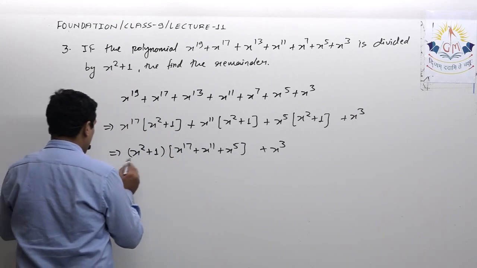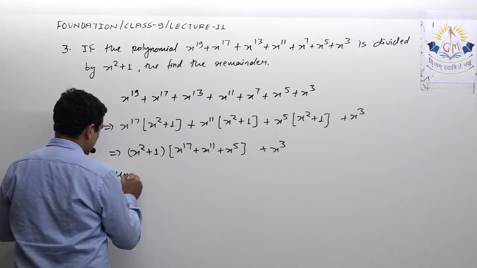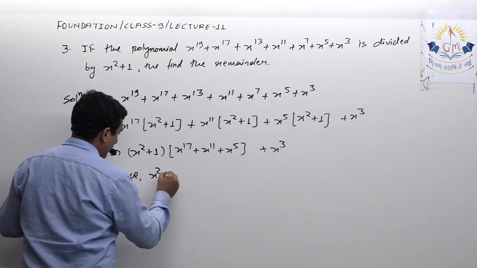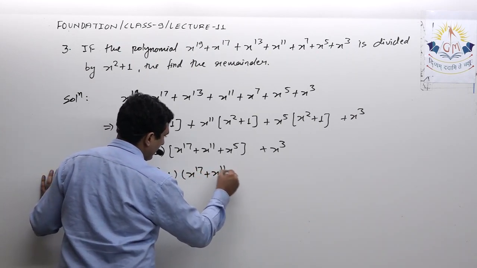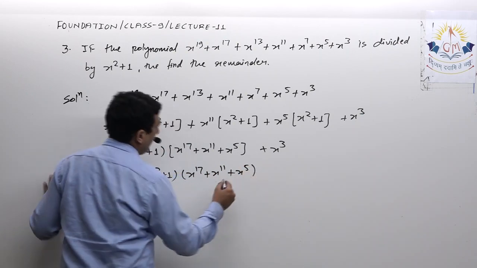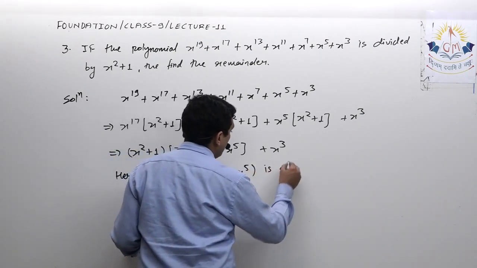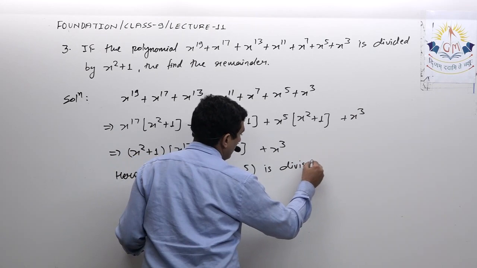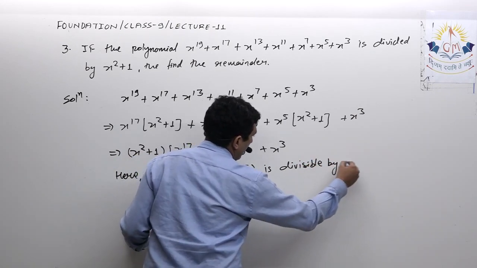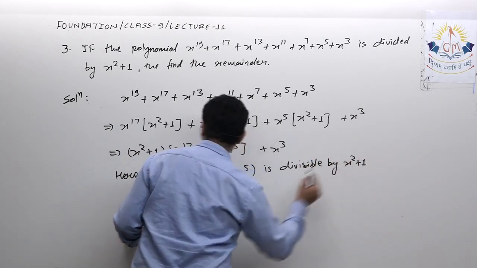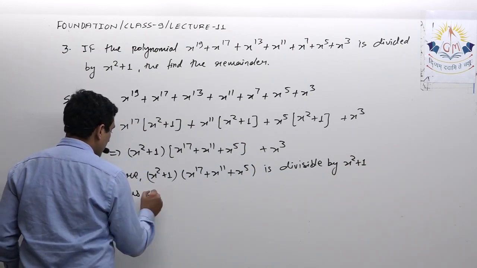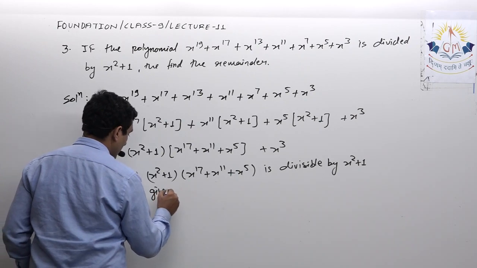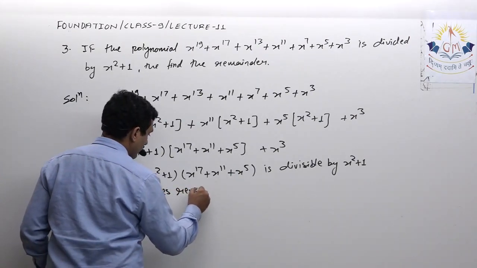So here we can write: x square plus 1 into x raised to 17 plus x raised to 11 plus x raised to 5 is divisible by x square plus 1, thus gives remainder 0.